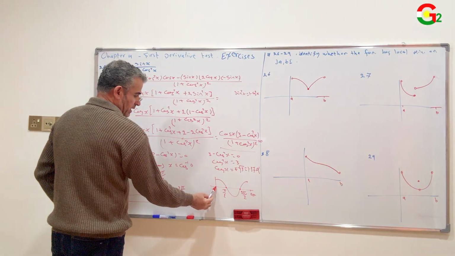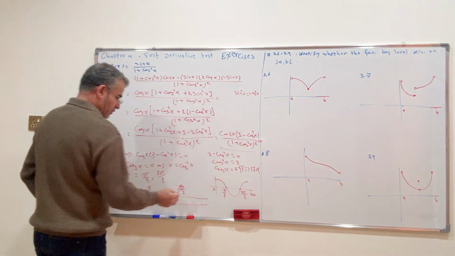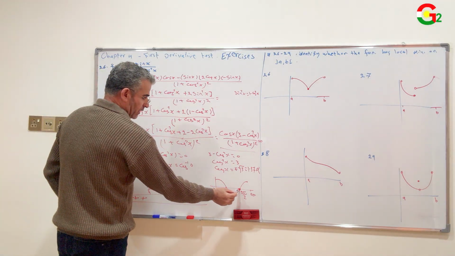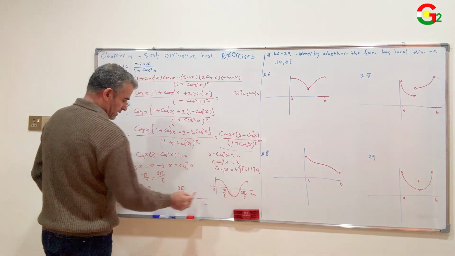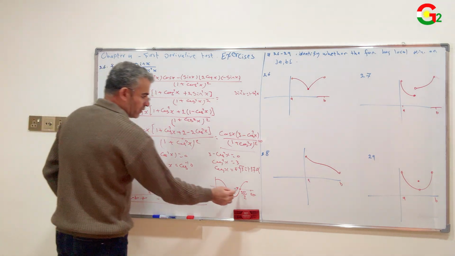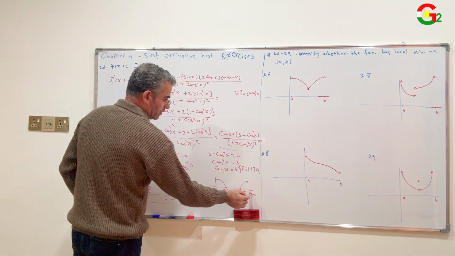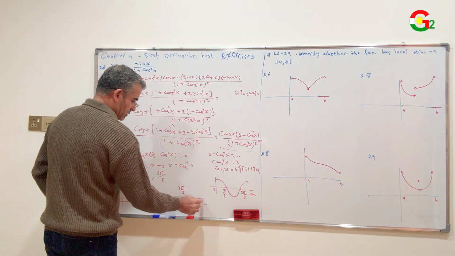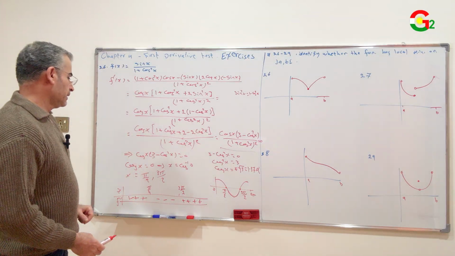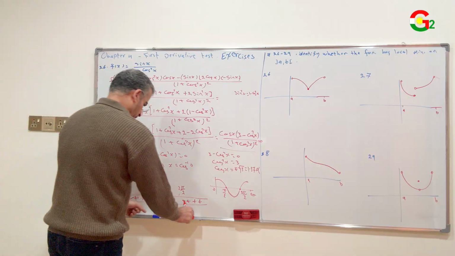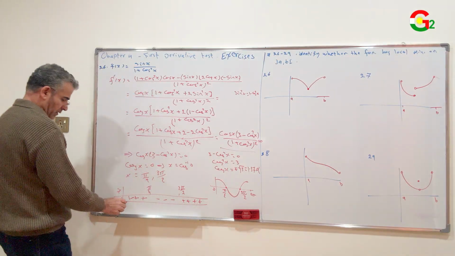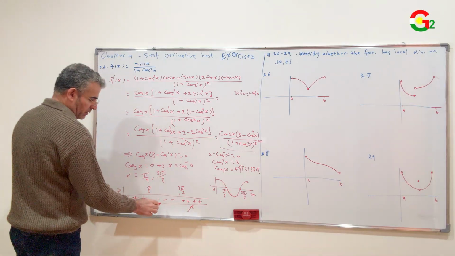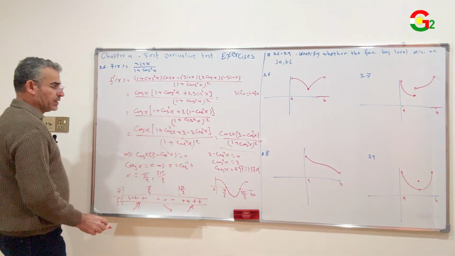When x is less than pi over 2, cosine is positive, above the x-axis. When x is between pi over 2 and 3 pi over 2, the graph is under the x-axis, so it is negative. When x is greater than 3 pi over 2 and less than 2 pi, the graph is above the x-axis, so it is positive. This is the interval of increasing, and this is the interval of decreasing.